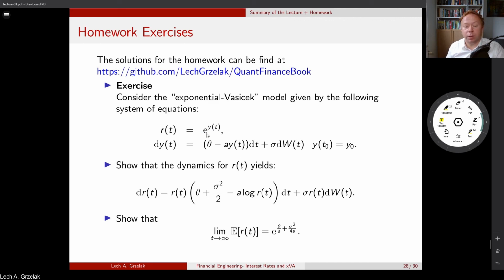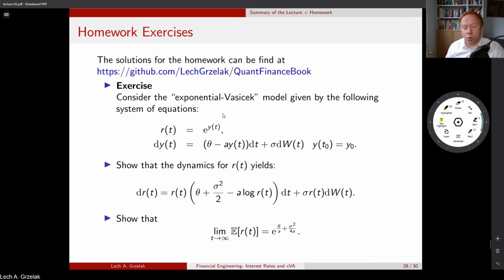In order to make sure that the rates are always positive, the idea was to take an exponent, so we make sure that interest rates generated from R are always non-negative, positive in this case.